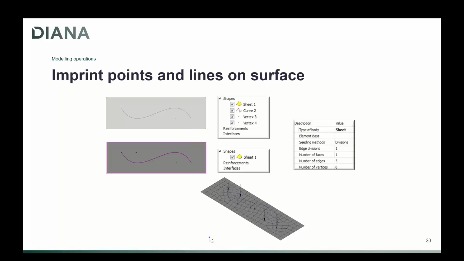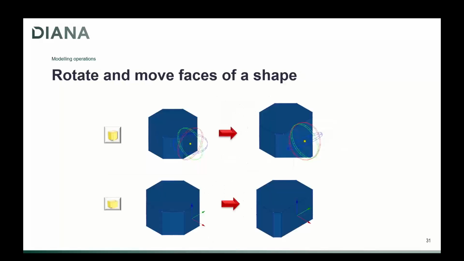For any operation in the model with respect to the loads and boundary conditions, you can use the input option to have the trace and track of the imposed loads or boundary conditions acting on your reference geometry. This is also a nice feature. Other modeling operations enable you to rotate or to move faces or adjust your shape.